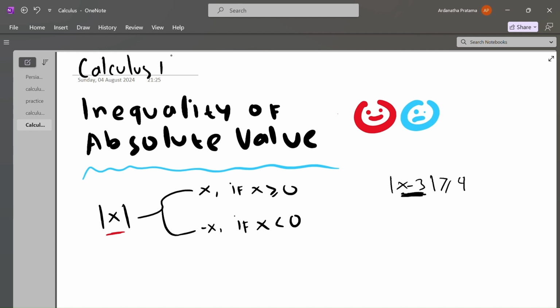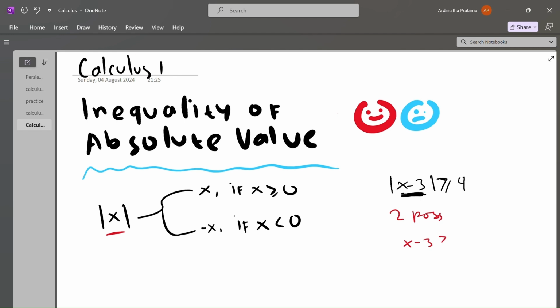It means that what I put here in x minus 3 absolutely has to be greater than or equal to 4. So it will have two ranges of value. And here we will write the two processes for how to solve this.